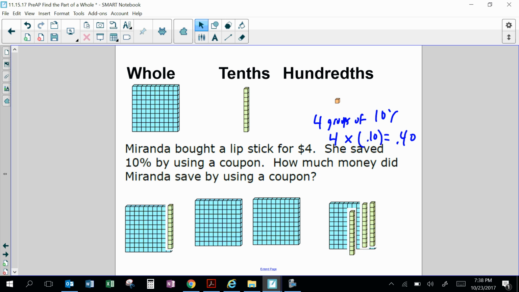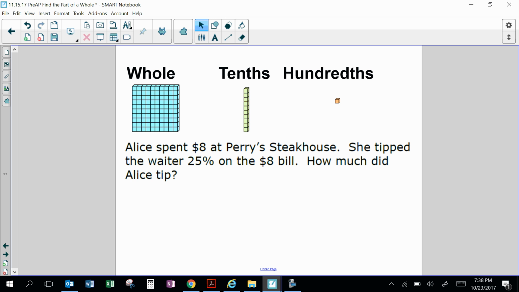What's 40% of a whole? 40 hundredths. So how much money does she save by using a coupon? She saved 40 cents.